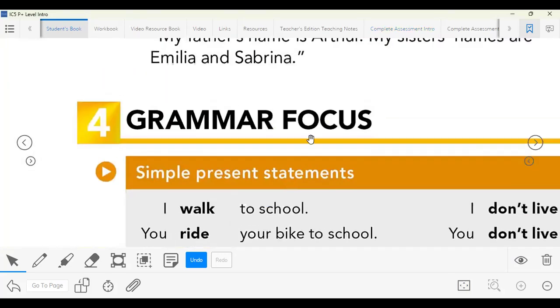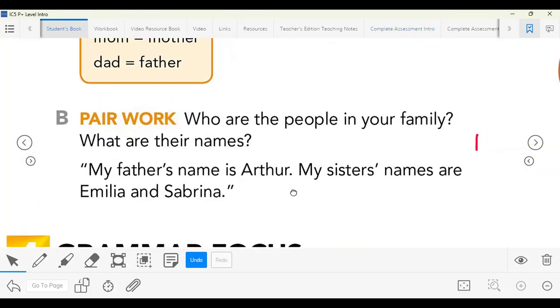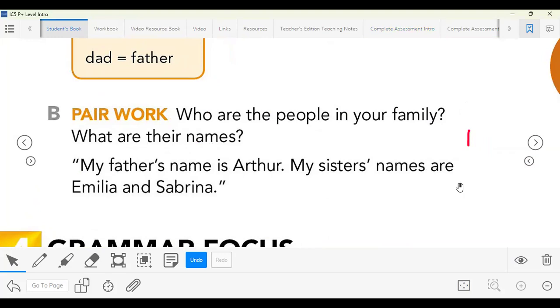Now, we're going to do this. Your family. My father's name is, my sister's name is. If you have children, my children's. And look at this again. If we say my children's, it's not plural.